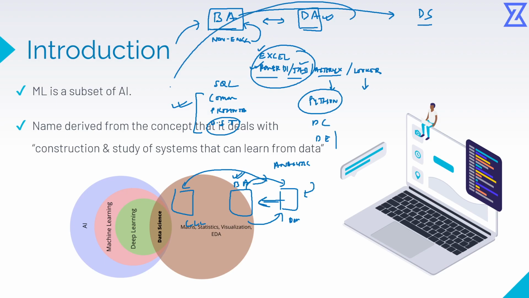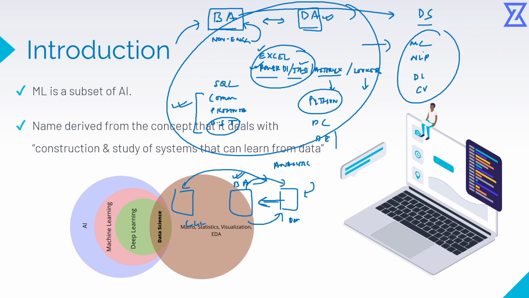Data science, all these skills are required. On top of that, you need machine learning, you need NLP, you need deep learning, computer vision, and multiple other things. But out of these four skills, you have to choose one or two as your primary skill and the other two or three as your secondary skill.